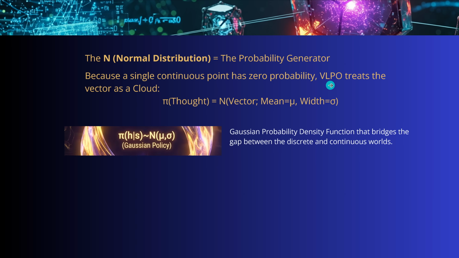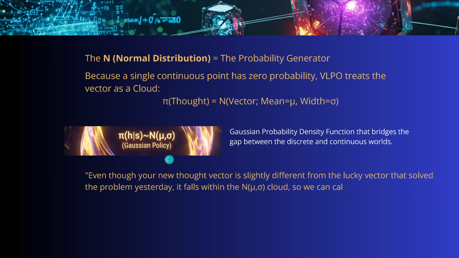So we needed an advancement over GRPO, and this is VLPO. I explained this in my video, and it treats the vector now as a cloud of vectors. So our thought is now a normal distribution, a probability generator of the vector itself, with a mean and a certain width, our sigma.